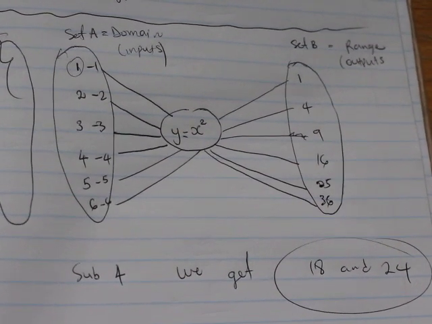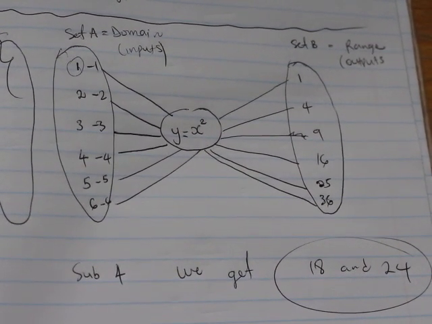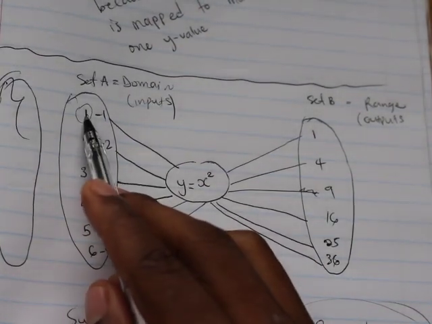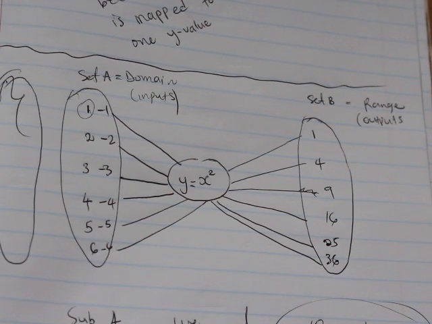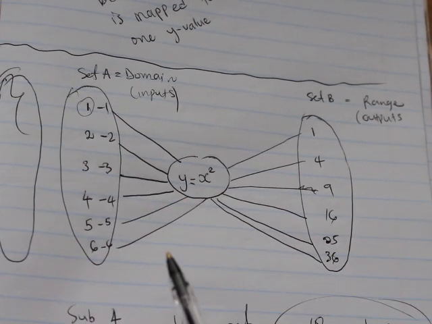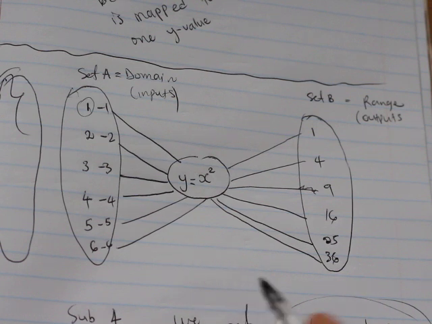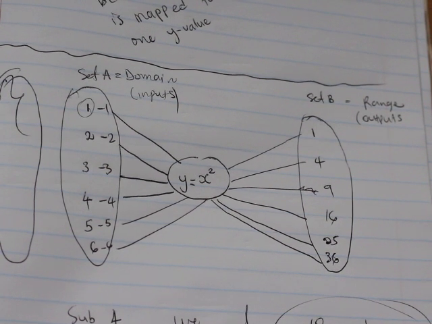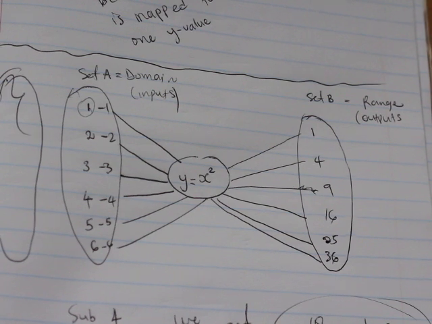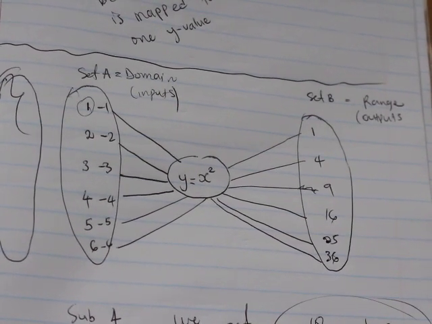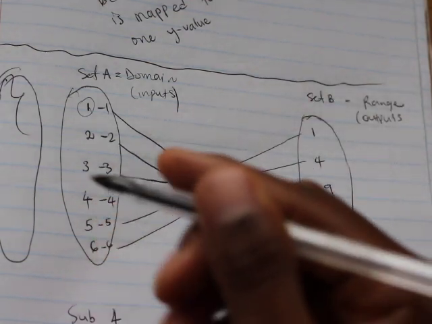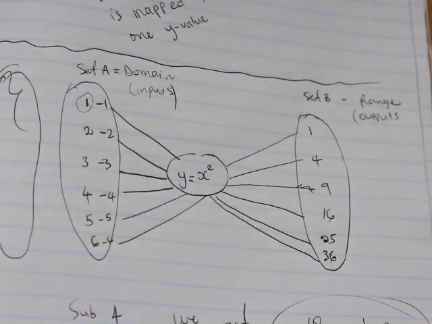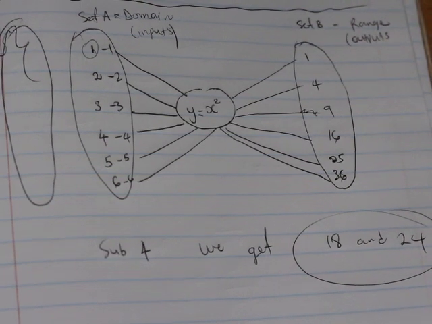We don't want that. So you can see here, each and every X value produces only one corresponding Y value. Yes, but it's possible to have one Y value being mapped to more than one X value. I don't know if you guys get what I mean.